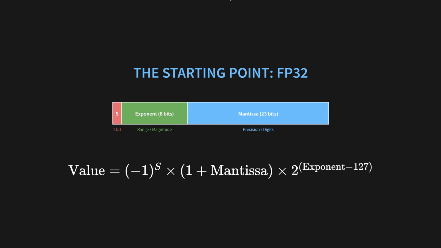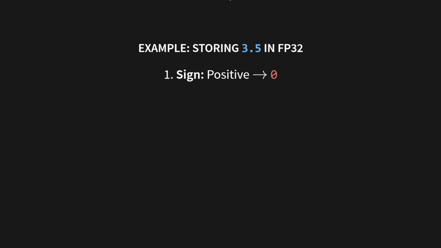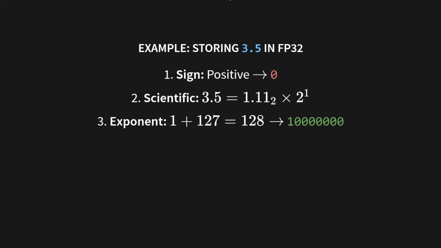Let's make that concrete. How would we store a simple number like 3.5? First, the sign is positive, so that sign bit is a 0. Easy. Next, in scientific notation, 3.5 is 1.11 in binary times 2 to the power of 1. That power, 1, is used to calculate our exponent. We add a bias of 127. So 1 plus 127 is 128, which in binary is 10000000.